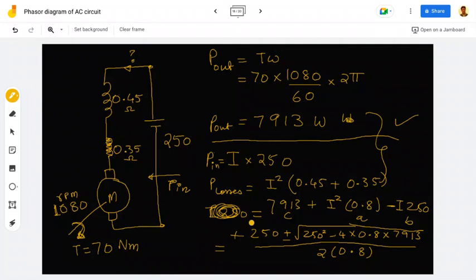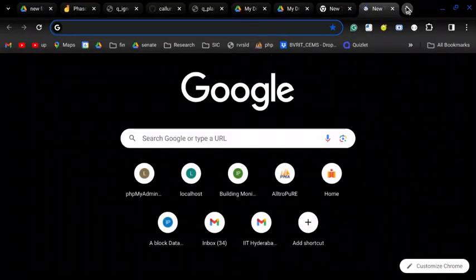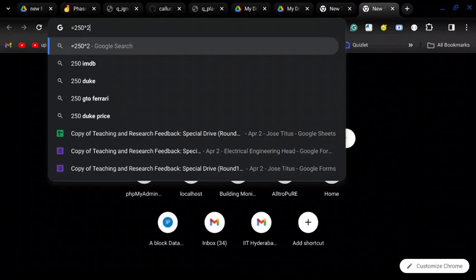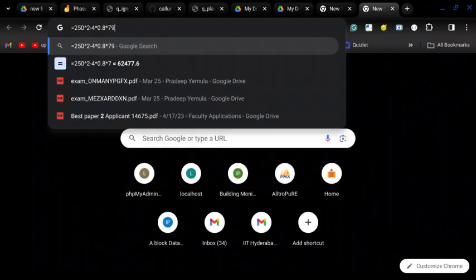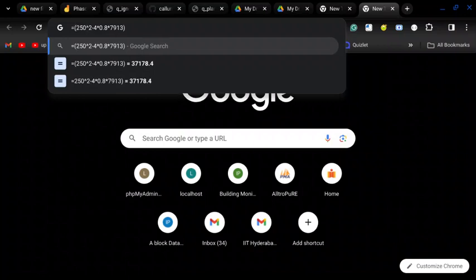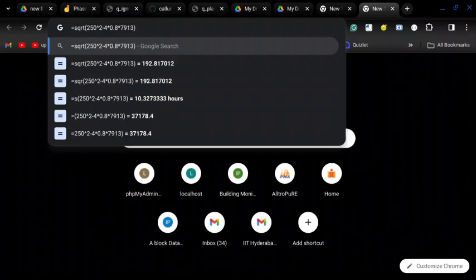So again you have to help me with the calculation, or let me try it here. You're following, right, what I'm trying to do? So 250 square minus 4 into 0.8 into 7913. Is that 7913 the output power? Yeah. So this one I need to square root, and it's saying 192.